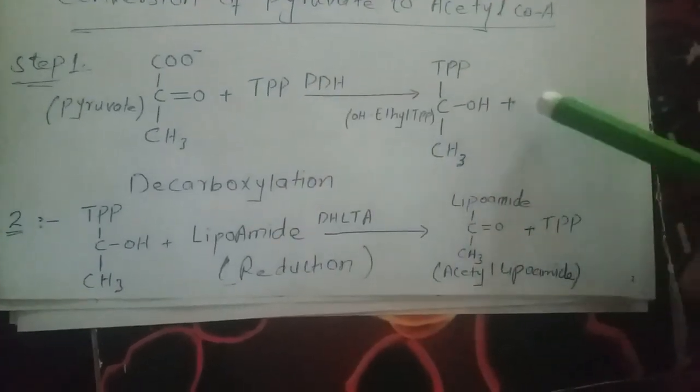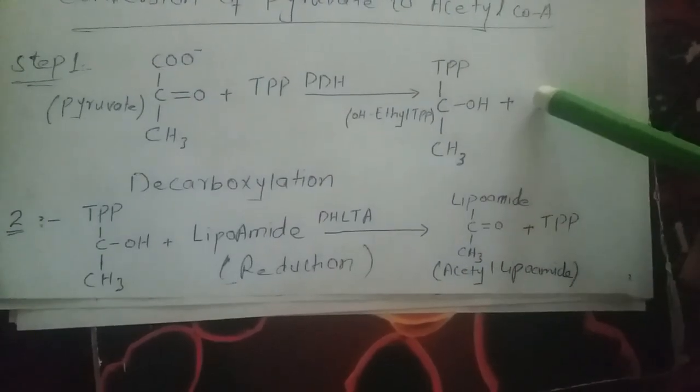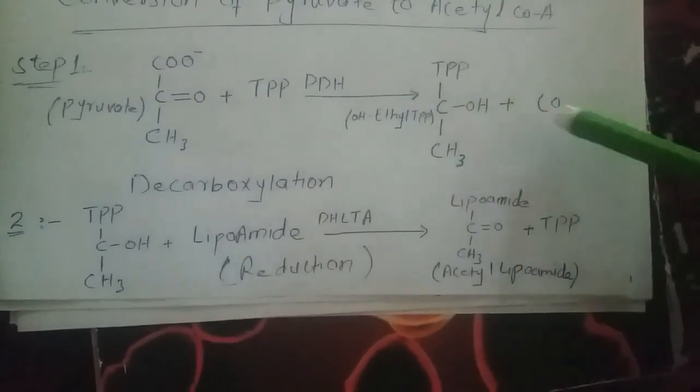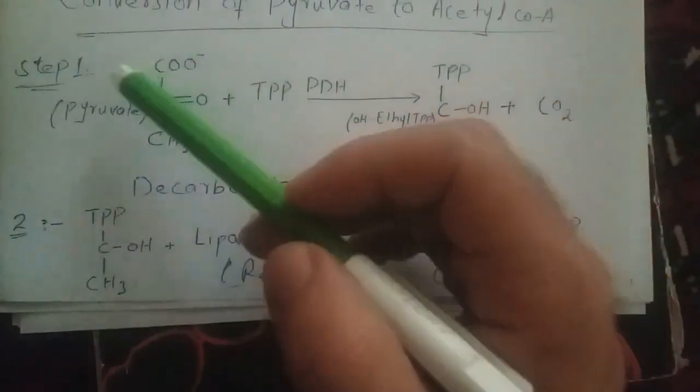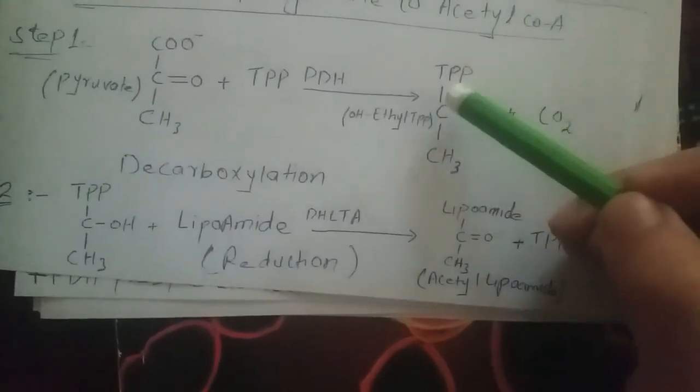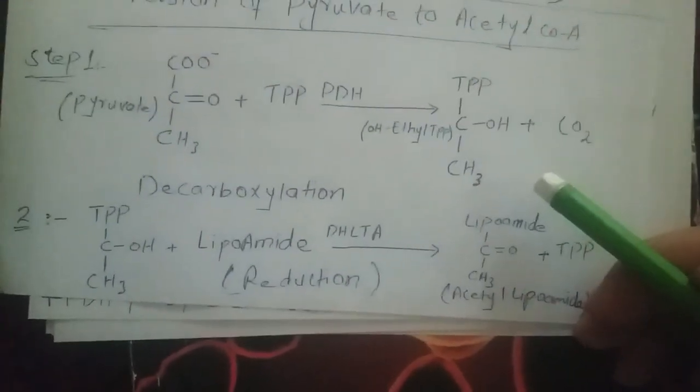The carbon is removed as carbon dioxide, and this carbon dioxide is actually this carboxylate group, and in place of this carboxylate group, TPP will now bind. Thiamine pyrophosphate will bind at the place of the carboxylate group.